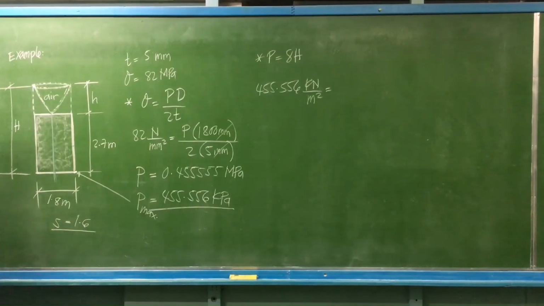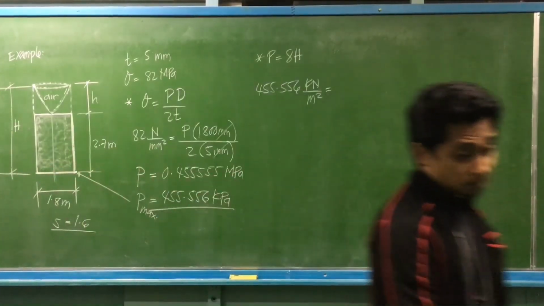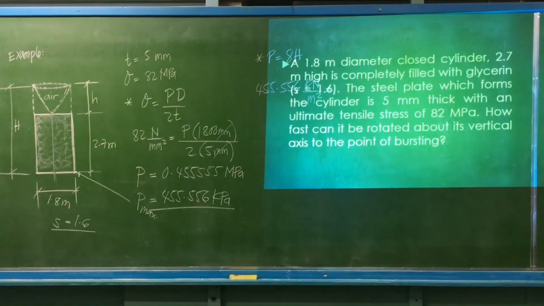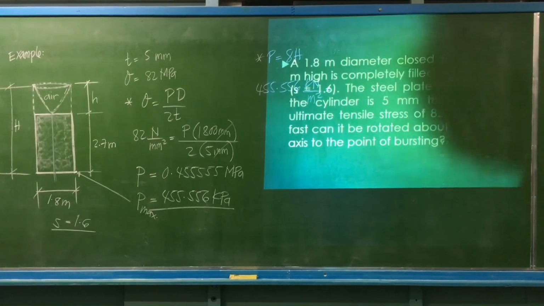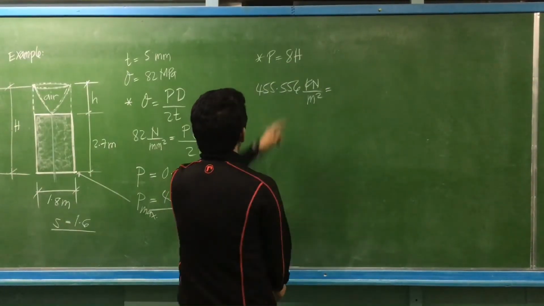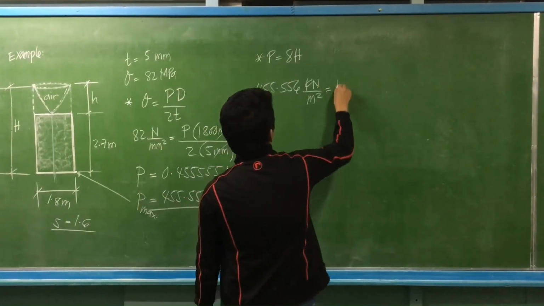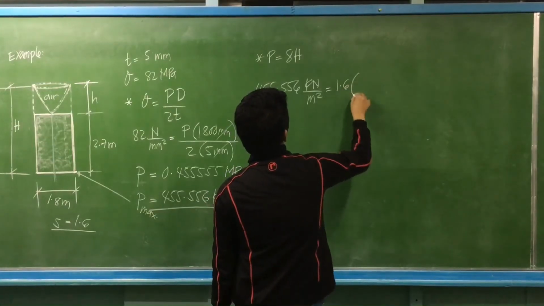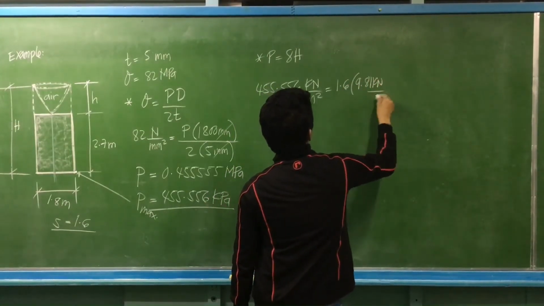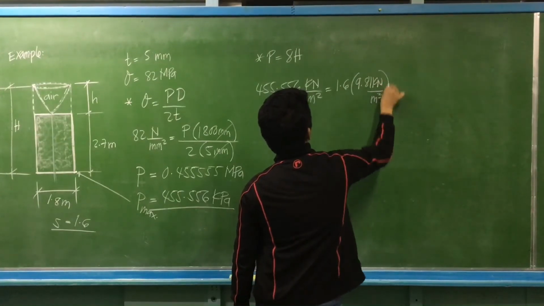That is glycerin, if I'm not mistaken. What is a glycerin with a specific gravity of 1.6? So that is gamma of the liquid is 1.6 times gamma water, 9.81 kilonewtons per cubic meter.